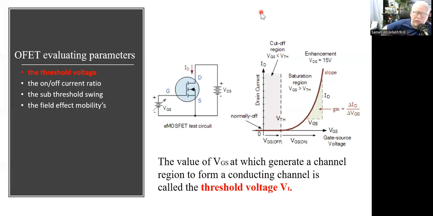In this case, if you have a very low threshold voltage, for example 0.1, 0.2, 0.3 volts, this might be very risky because your transistor may be turned on based on any random noise in the signal in the system. If I have an OFET with 0.1 volt, it's very easy to be turned on. And that automatically means loss in power, loss in operation, loss in everything.